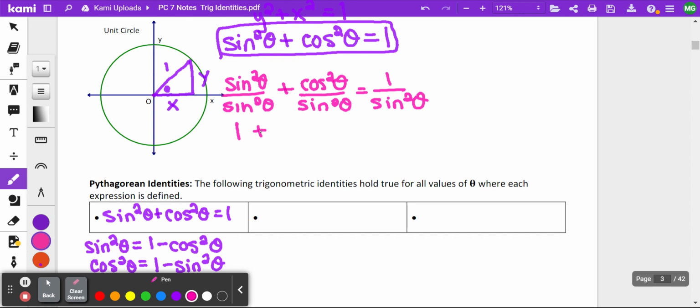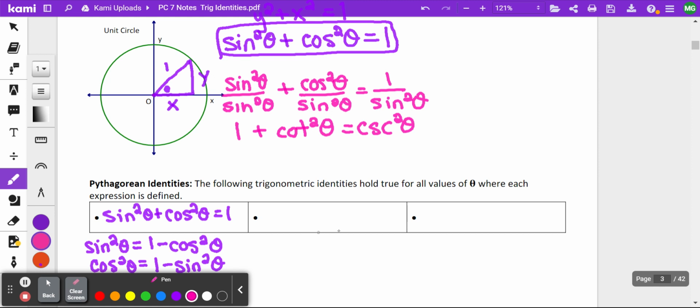The same way that up on the top of this page we had cosine over sine equals cotangent, well, cosine squared of theta over sine squared of theta equals cotangent squared of theta. So we're using that quotient property from the top half of this page, but now we just have squared values. And we have a reciprocal here. 1 over the sine of theta is cosecant of theta. So 1 over the sine squared of theta is cosecant squared of theta.